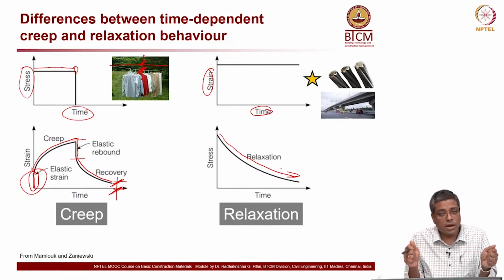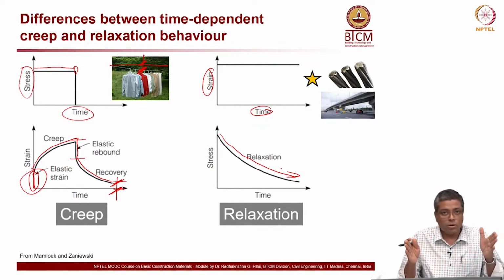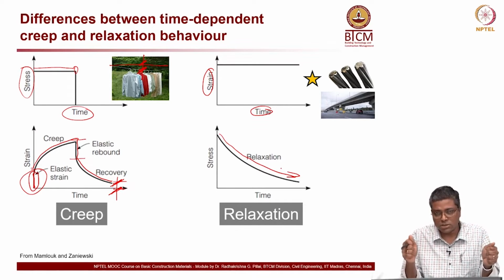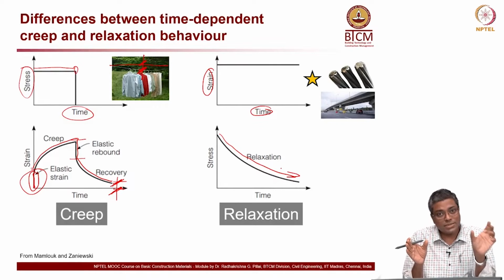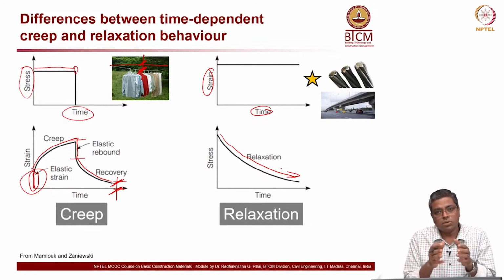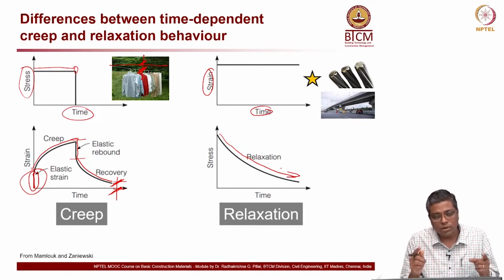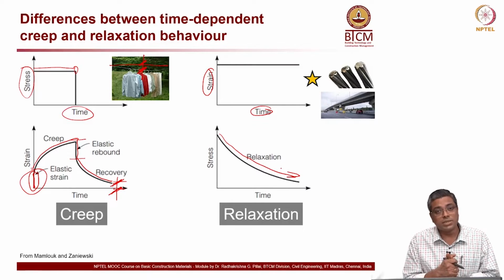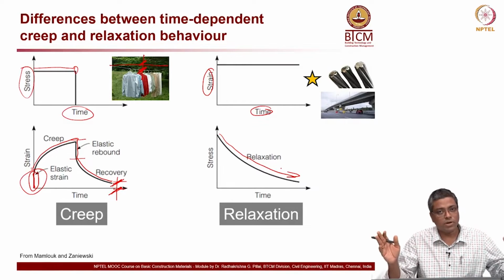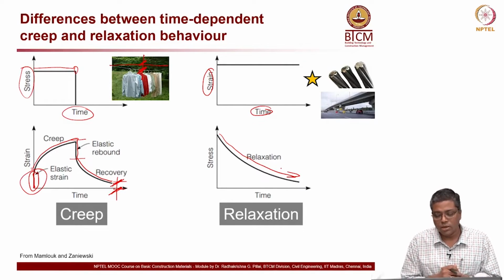Now when you pull this strand, the strain, or rather the extension which you provide, is constant. Let us say you are pulling the strand, and the strain at that moment in the beginning is almost the same after some time also. In other words, there is no reduction in the strain because the length of the girder remains the same.